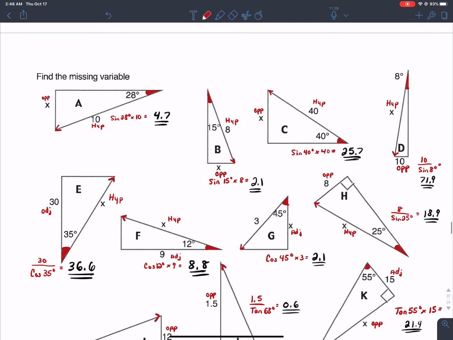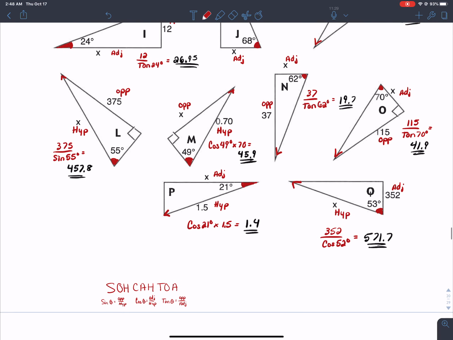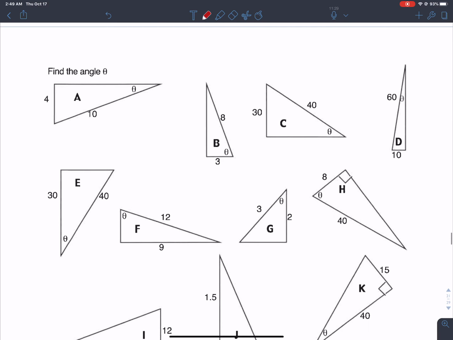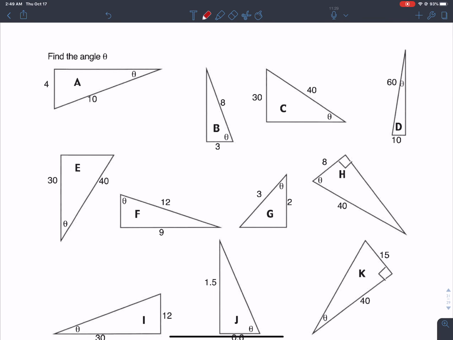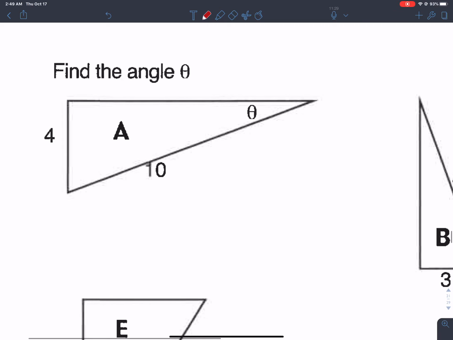You should have all of your work done and all your answers labeled. And we're on this page right here. So again, we're operating on the idea that you have gone over your vector diagrams. You're able to identify what the vector components are from the resultant vector.